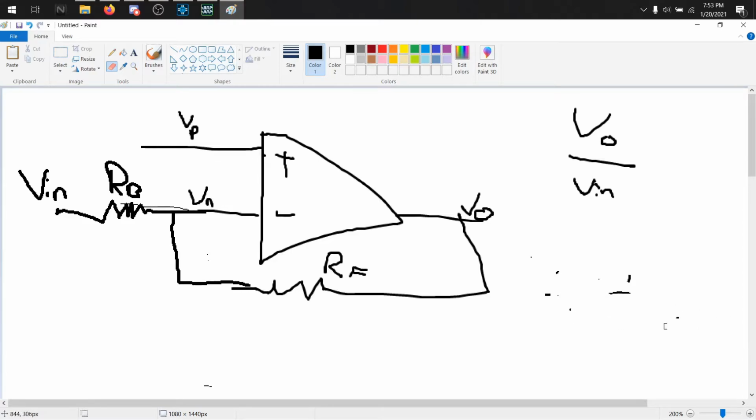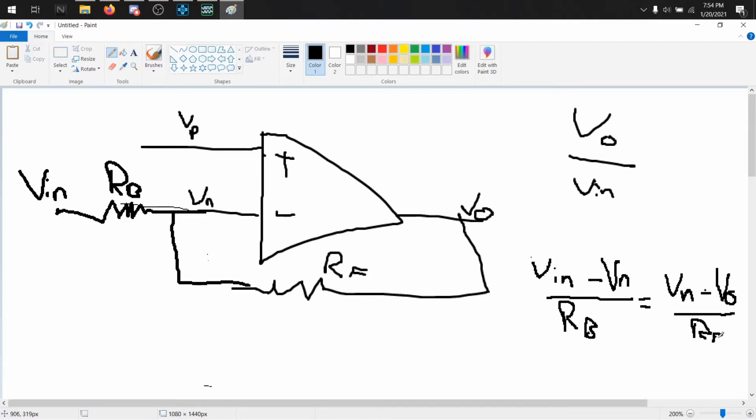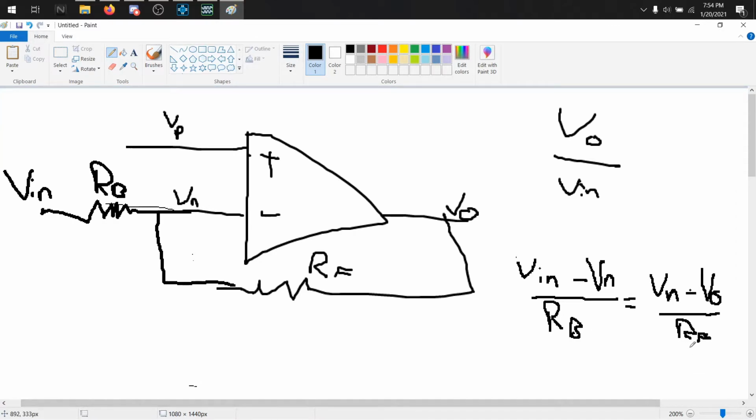For your KCL, KVL. So it would be VN minus VN, that's confusing, minus RB over RB equals VN minus V out over RF. You see how that's done?